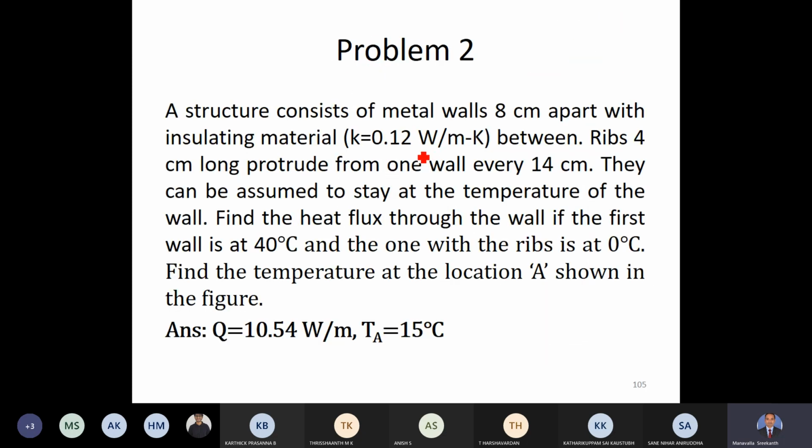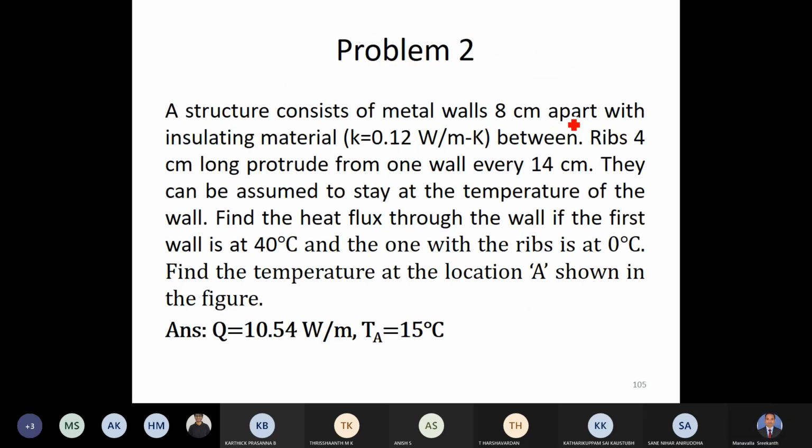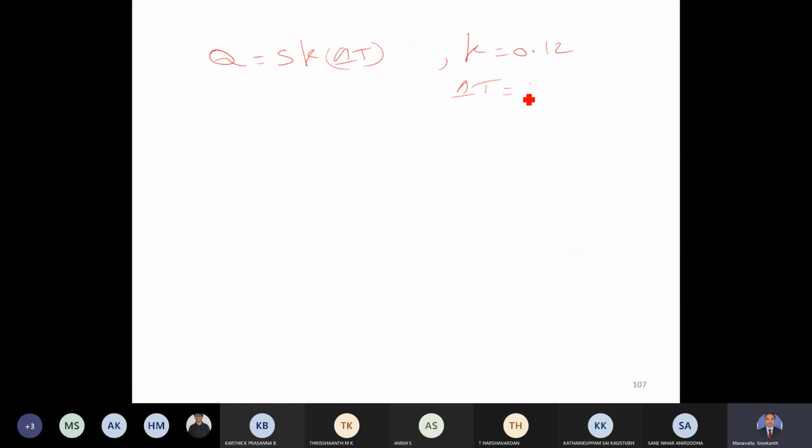Yes, K is given as 0.12. Delta T is 40 minus 0, 40 degrees Celsius. So all we have to do is find out the value of S.